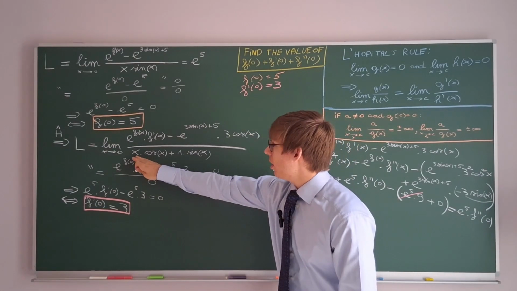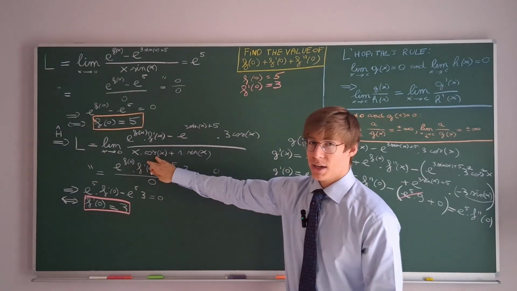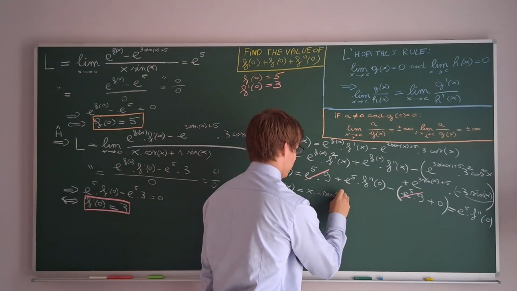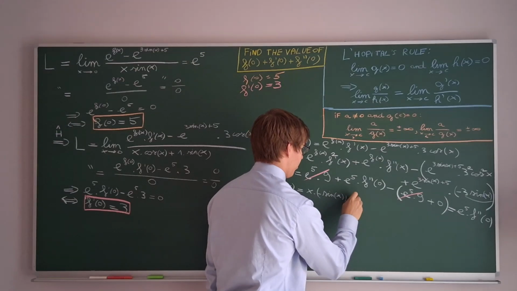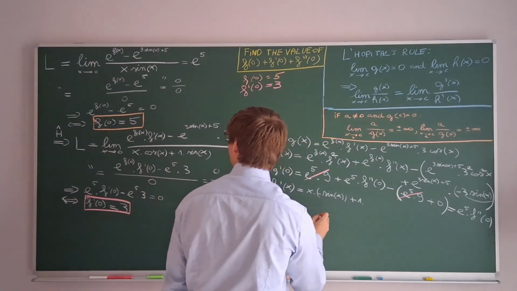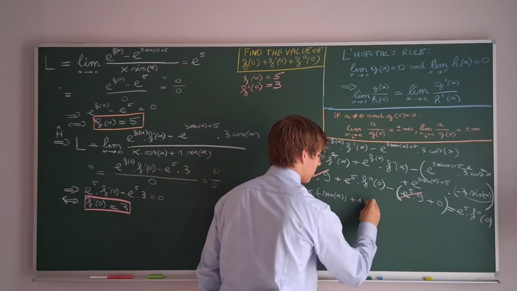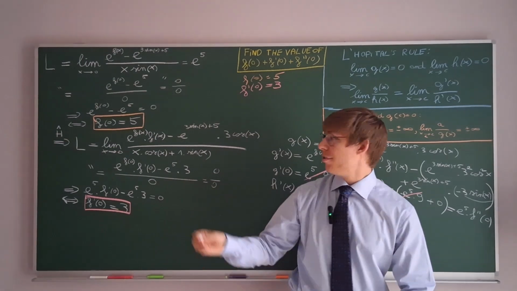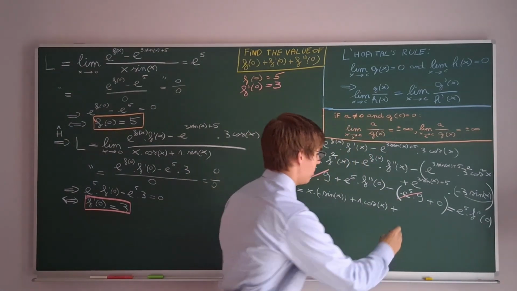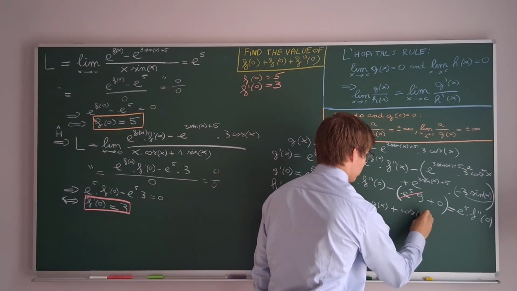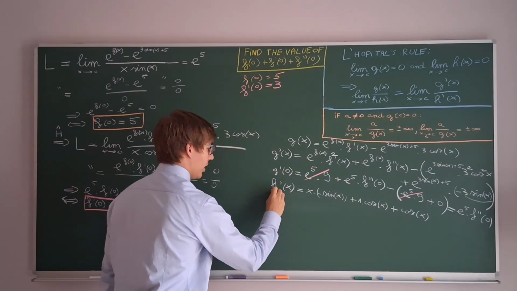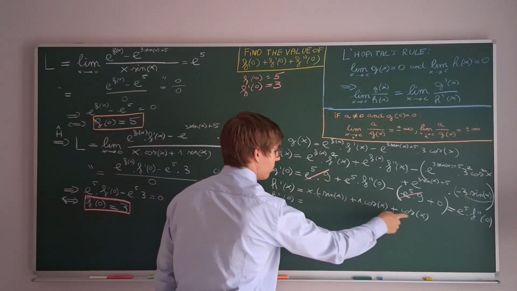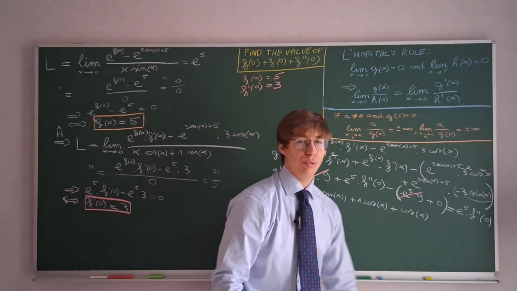That is equal to x times minus the sine of x plus 1 times the cosine of x plus the derivative of sine of x, which is cosine of x. So h prime of 0 is equal to 1 plus 1, so 2.